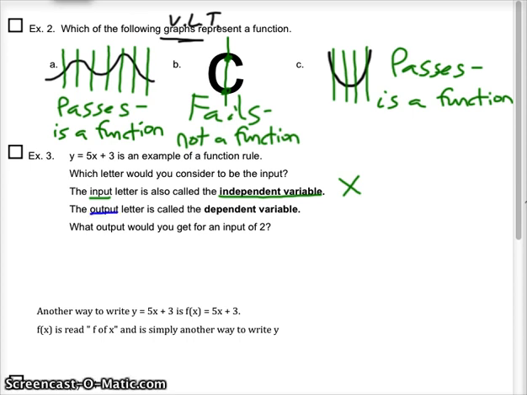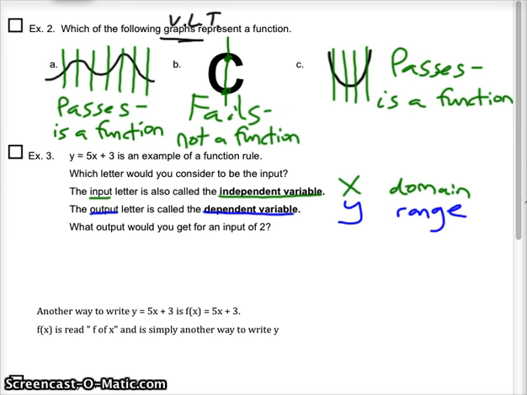Your output, dependent variable, those are your y values. And again, to wrap it back to some other vocabulary we already talked about, x is referencing the domain and y is referencing the range. Every one of those things is talking about the same thing. Each one has 4 ways of vocabulary to determine it.